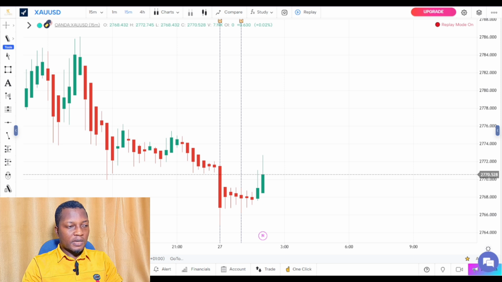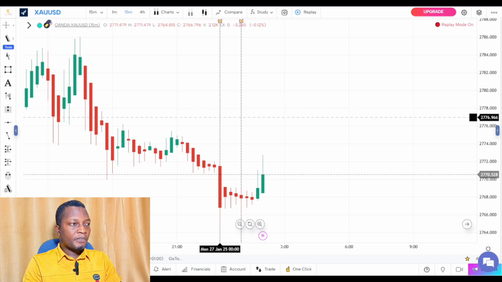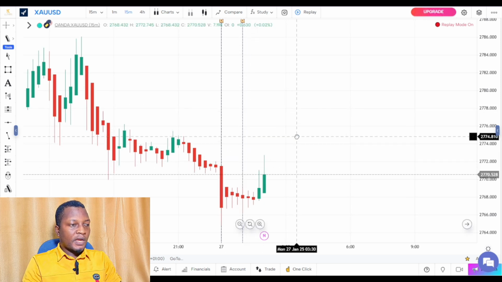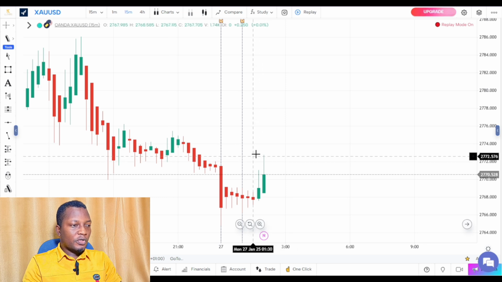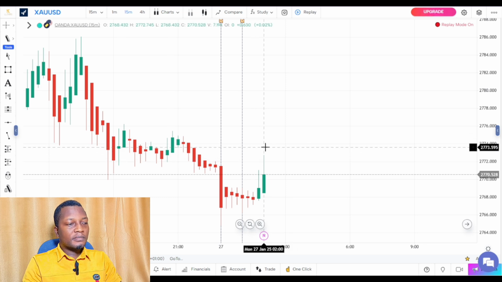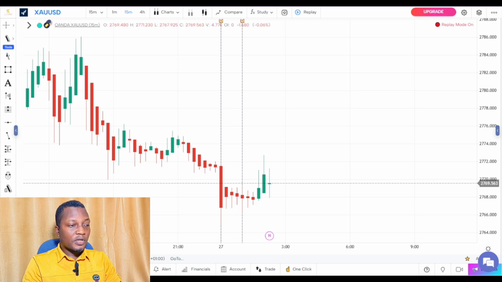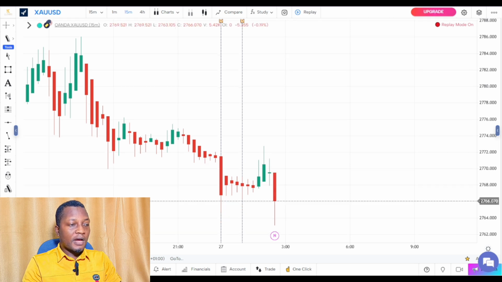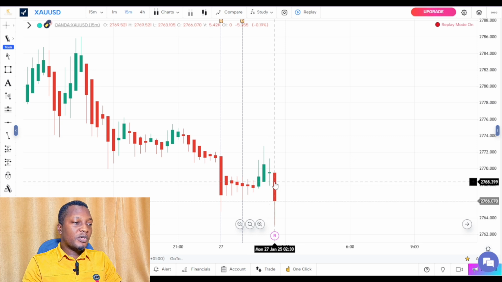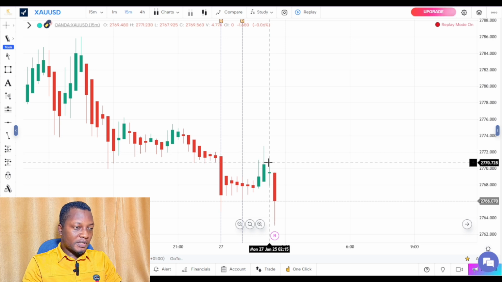Our second example is going to be taken from gold USD. As you can see on our chart, we're having the buyers taking over the market right about this time. What we'll be looking for is the turning point of the market, which has happened right about 2:30.